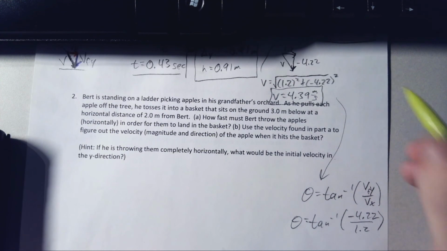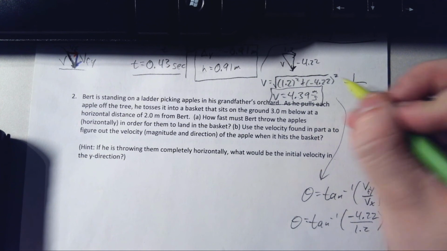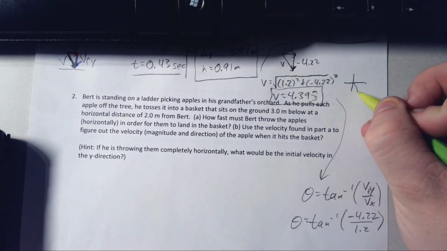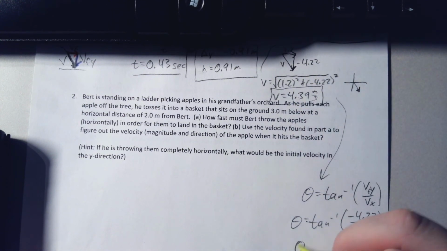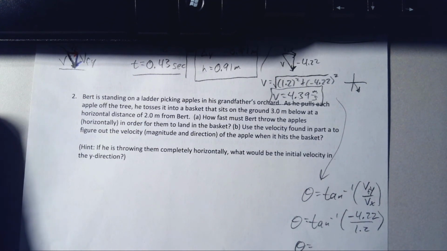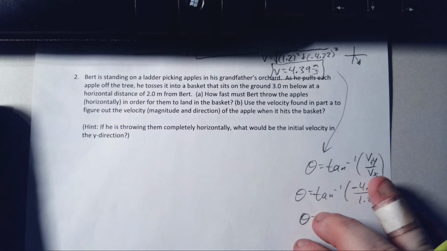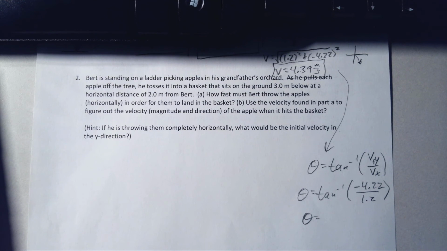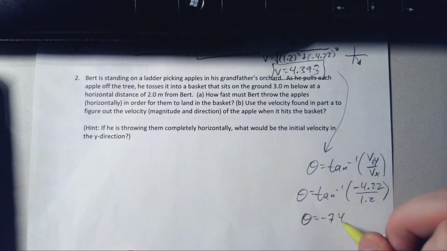This should be in a specific quadrant here. Should be to the right and down, which means it should be in the fourth quadrant. So when we put this into our calculator, this may seem excessive, but if you remember, we did this for like 2 weeks. So inverse tangent of negative 4.22 divided by 1.2, and it's negative 74.13 degrees.